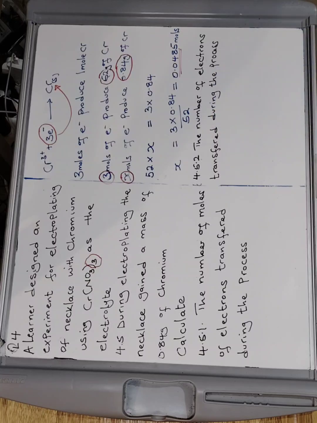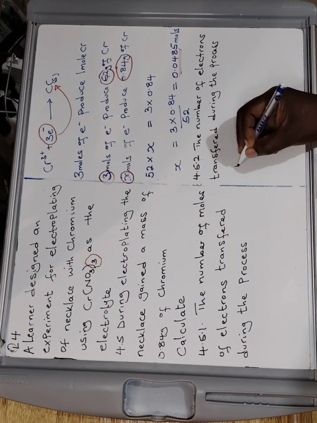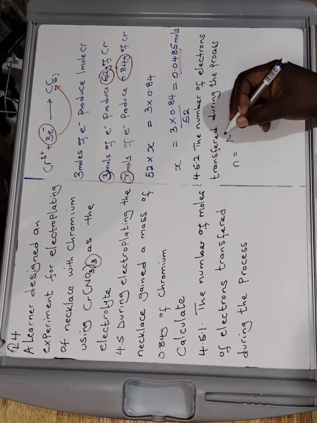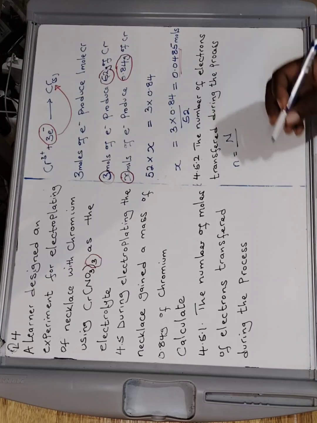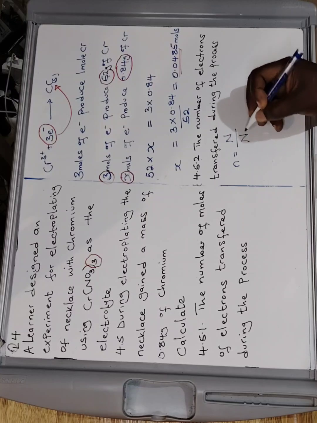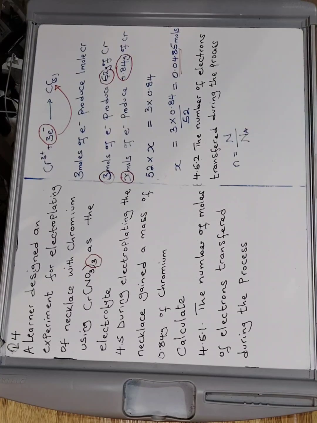So how do we change number of moles to number of entities? The equation is clear and known. Number of moles is equal to number of entities, or number of particles, or whatever you are dealing with, over Avogadro number.